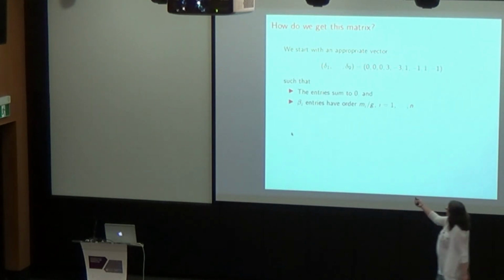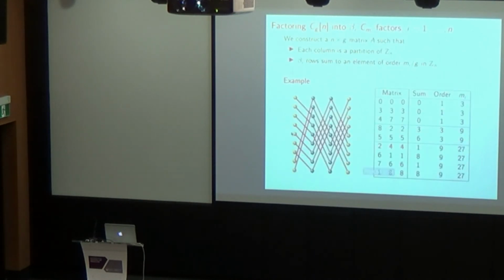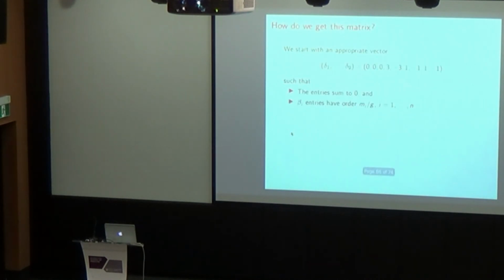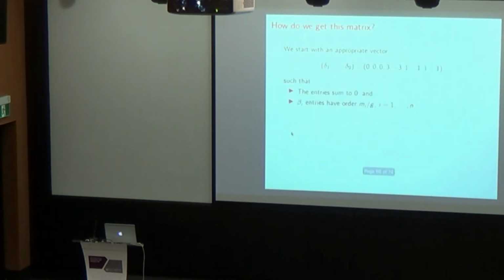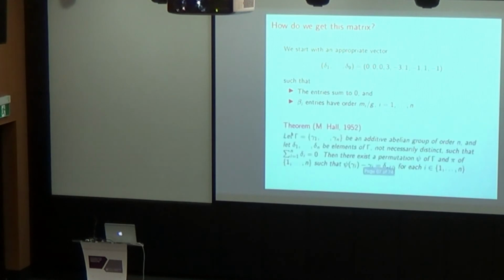So here we wanted 3 rows whose sum had order 1, 3 whose sum had order 3, and 4 whose sum had order 9. And moreover, we want to do this in such a way that the entries of this vector sum to 0.